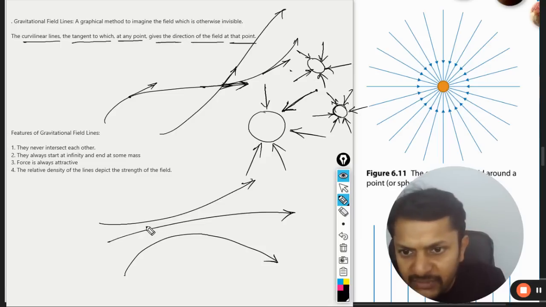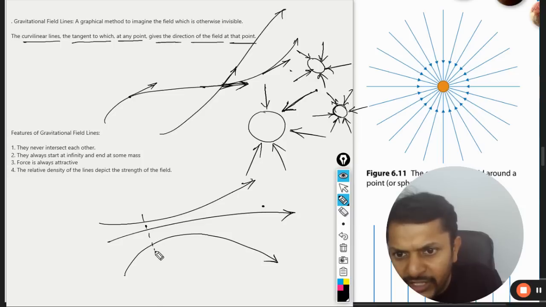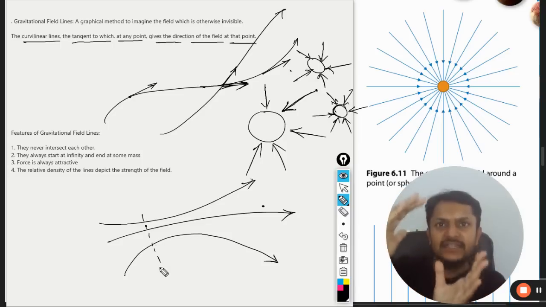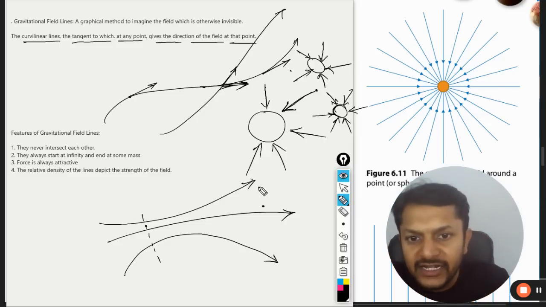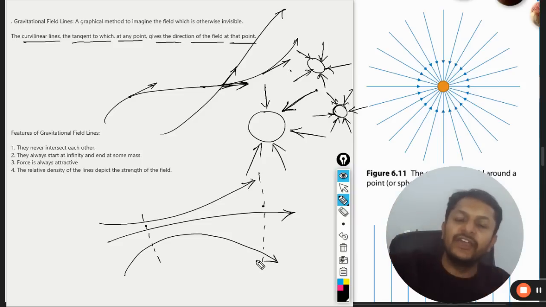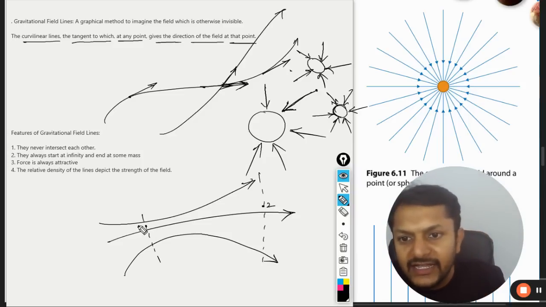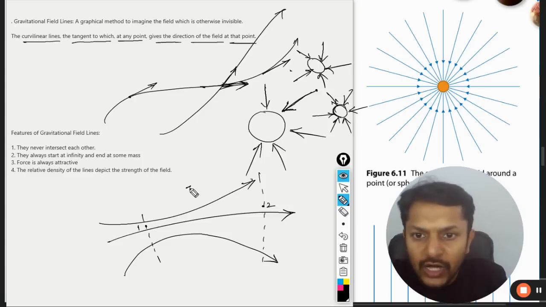We can have 3 points, but let's talk about these 2 points. Clearly at this point the relative closeness of the field lines is more, and here the relative closeness is lesser, they are less dense and farther away. So I can clearly say that at 2 the gravitational field strength is less, so I2 is lesser than I1.